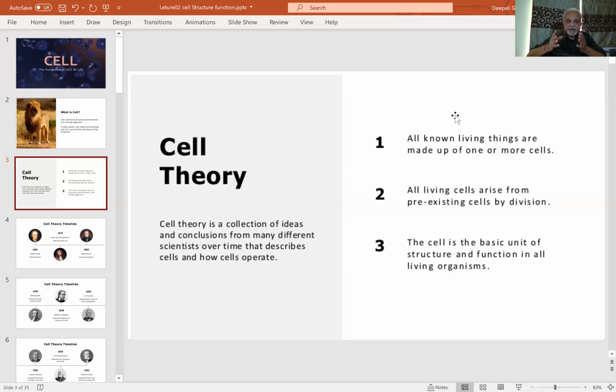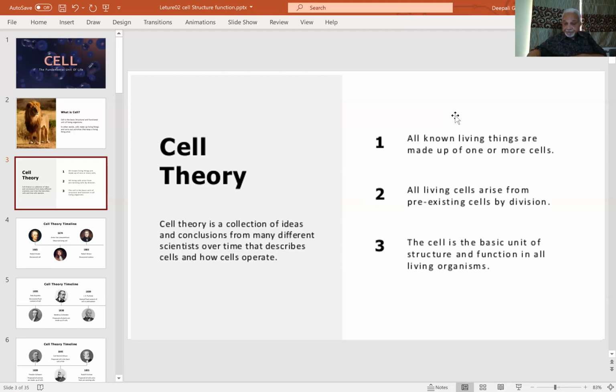So this was the cell theory proposed: that all living forms are made up of cells, living cells arise from a pre-existing cell by cell division, and the cell remains the unit of structure and function in an organism. This is very interesting.